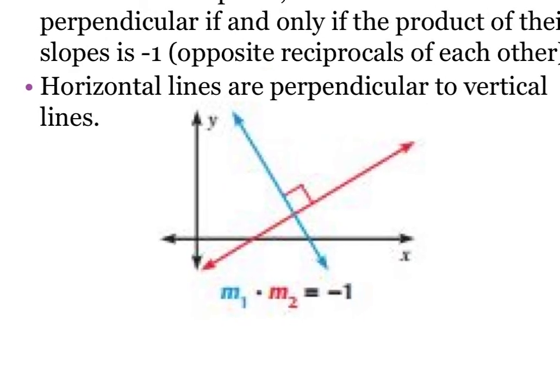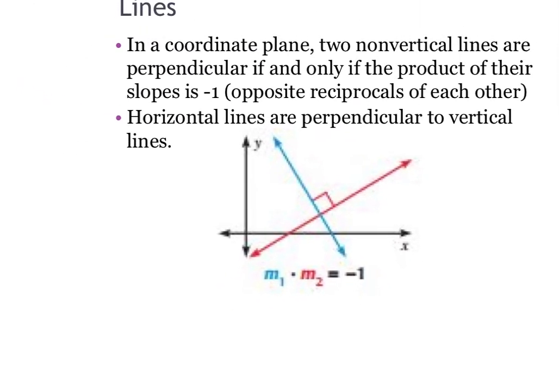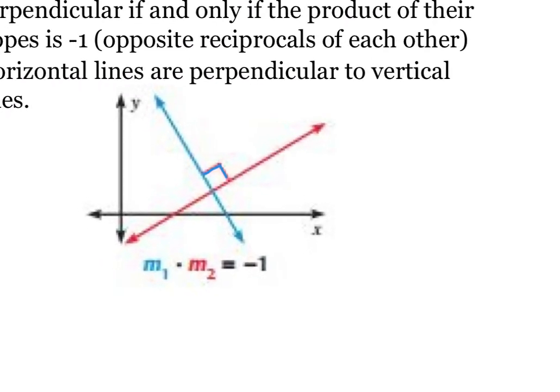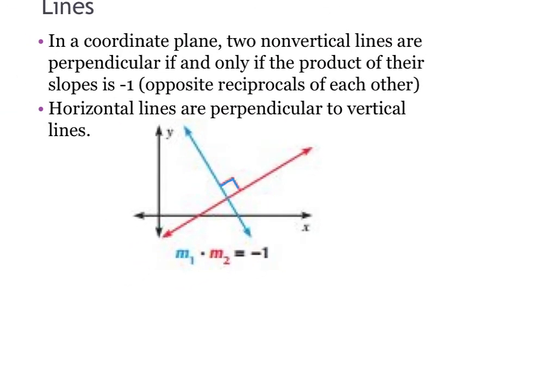So we've got the slope of the blue line, and then it's intersected to create a 90-degree angle by the red line, okay, as we see right there. So their slopes, m1 times m2, will give us -1 since they are perpendicular. So if we took the slope of the blue line, I see that it is negative. It's going down as we move to the right, and it's pretty steep. So we'll say the slope of the blue is -3.